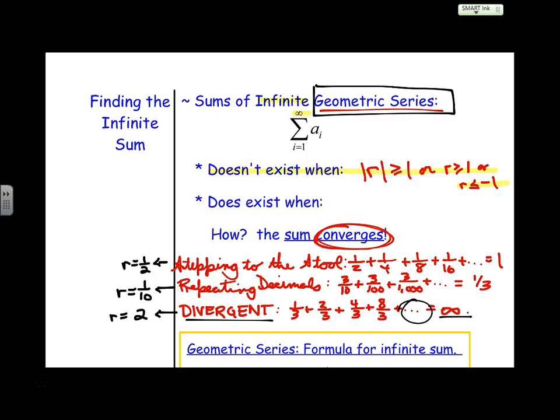Why wouldn't that work? You'd be adding the same number over and over and over again. As you add the same number over and over again, what's it still doing? Yeah, it's going to be growing. Good. So if R is greater than or equal to 1 or less than or equal to -1, there is no infinite sum. The best way to answer that problem would be, ready? Divergent.